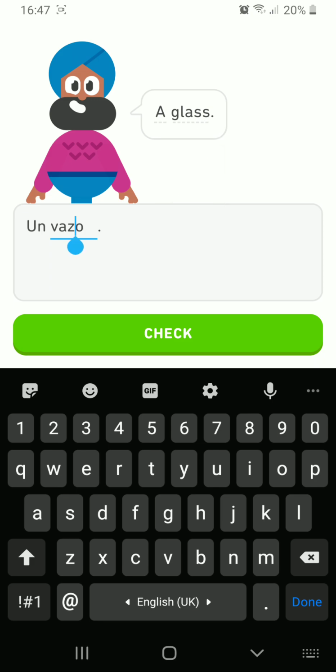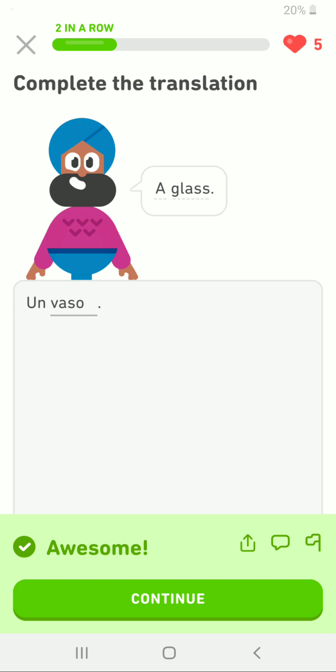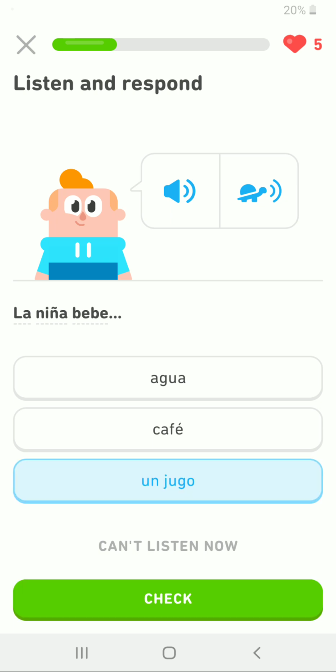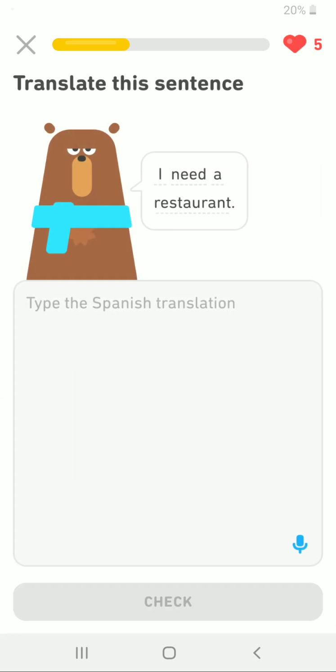It's not with a Z, so it's with an S. Un vaso. Para él, un café sin leche, por favor. Para la niña, un jugo de naranja sin azúcar. Sin, un jugo de naranja. Un jugo de naranja, sí.